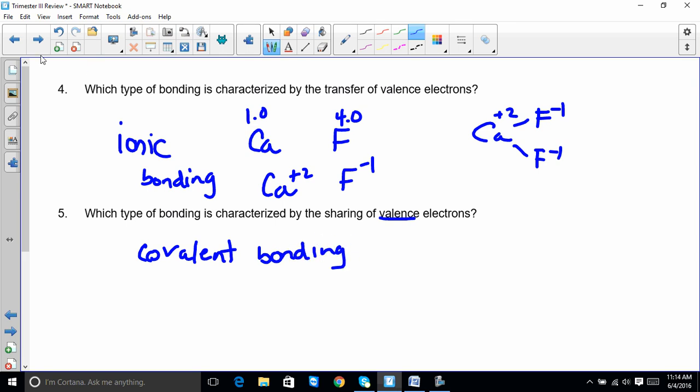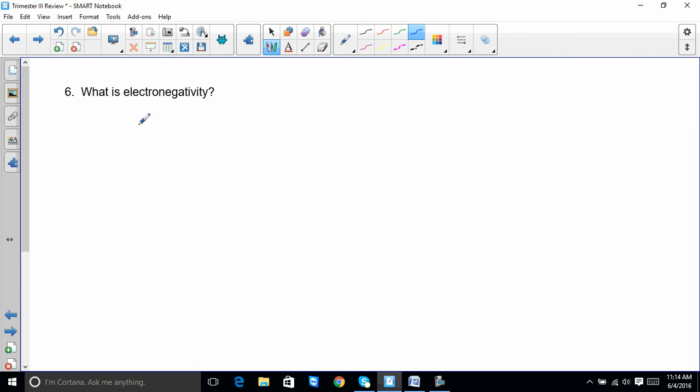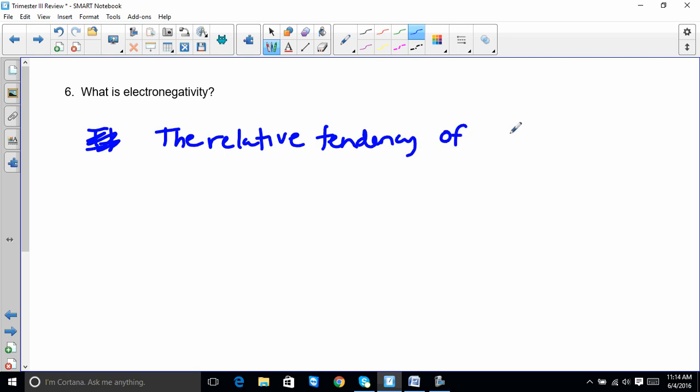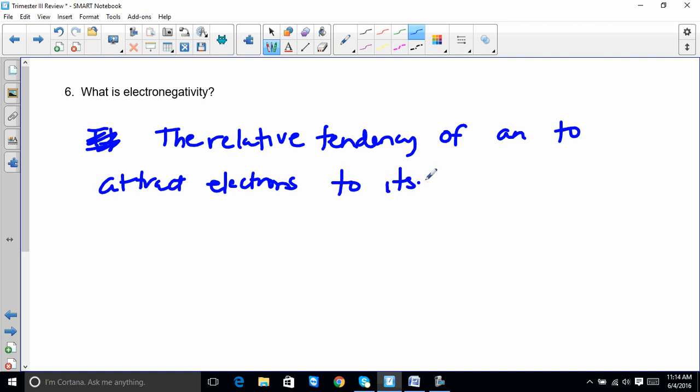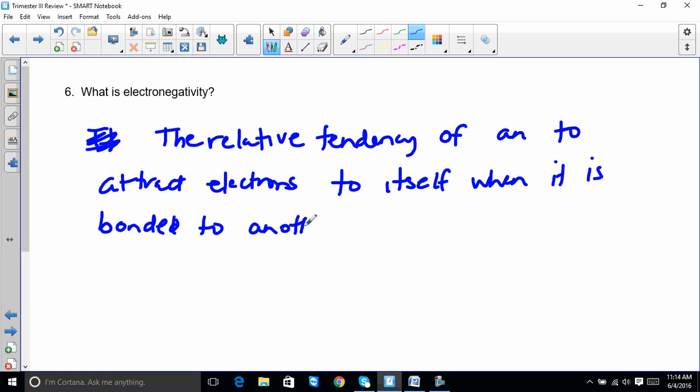All right, next question. What is electronegativity? I'll just define it for you. Electronegativity is the relative tendency of an atom to attract electrons to itself when it is bonded to another atom.